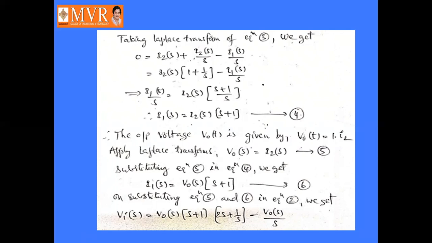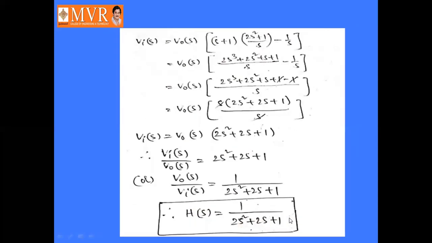On substituting equation number 5 and equation number 6 in equation number 2, we get VI of S is equal to V naught of S into S plus 1 into 2S plus 1 by S, minus V naught of S by S. Okay, so VI of S becomes V naught of S into S plus 1 into 2S plus 1 by S, minus 1 by S.